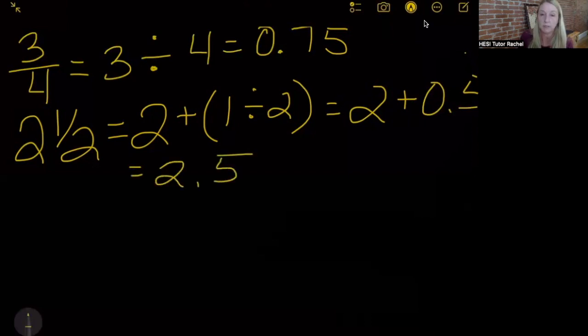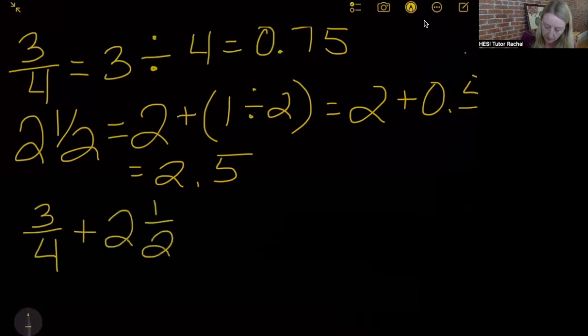So if on your test you had a problem such as 3/4 plus 2 and 1/2, then the way most people were taught fractions, in this case, you'd have to turn the 2 and 1/2 into an improper fraction, find a common denominator, add, and then simplify.